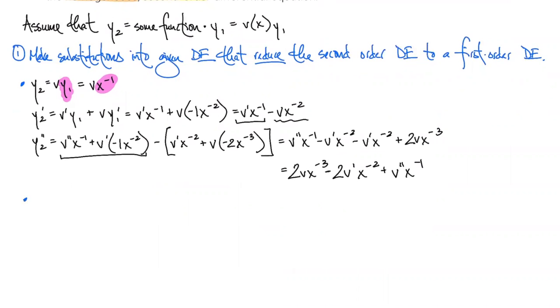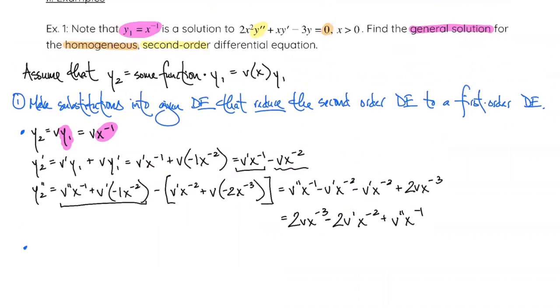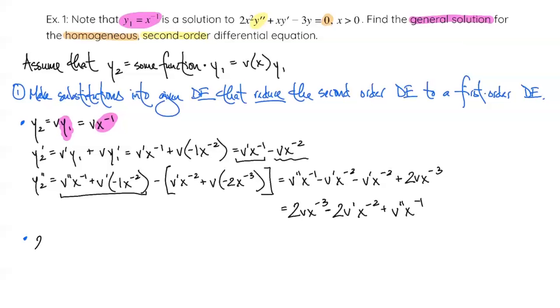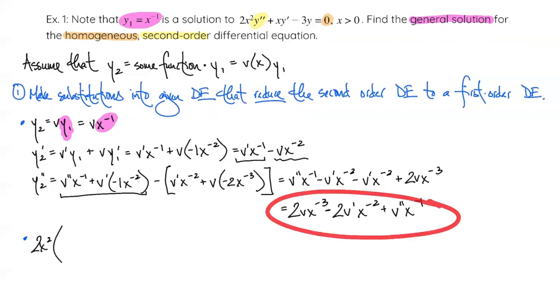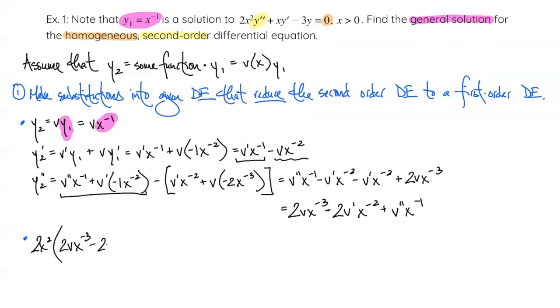And so what we end up getting is, the equation starts off with 2x squared, that's going to stay. And then I'm going to grab this y double prime to put in here. And that substitutes the first term. Now I need to do plus xy prime, so plus x, and then my new way of saying y prime.